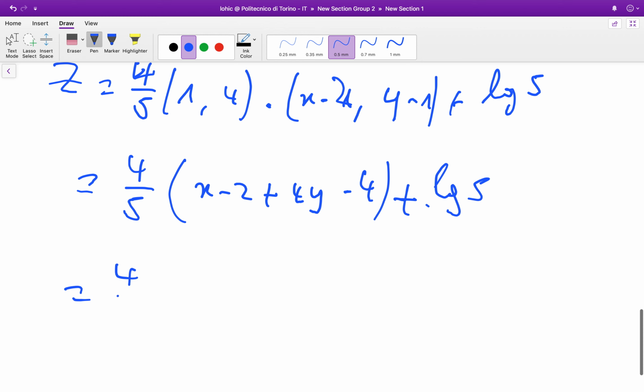So we get 4 over 5 multiplied by x plus 4y minus 6, plus log of 5.